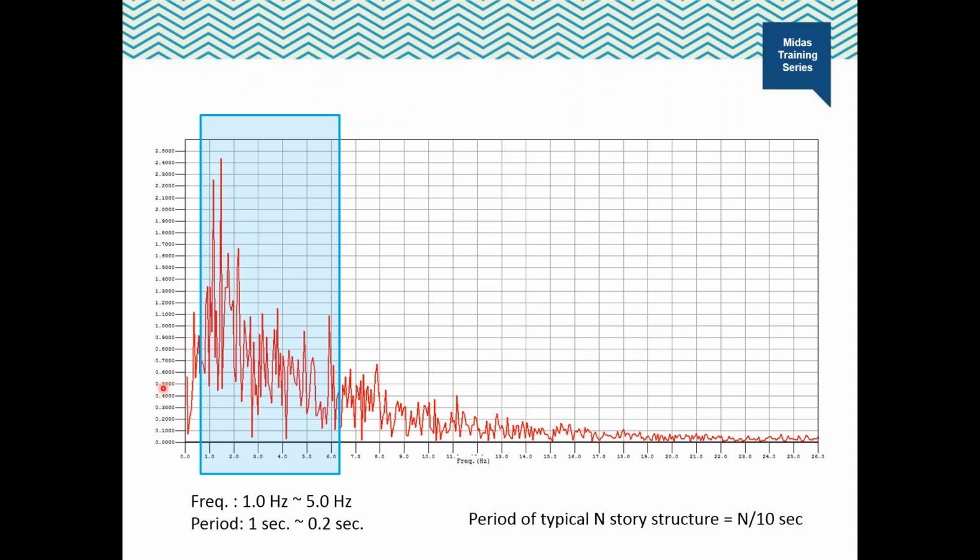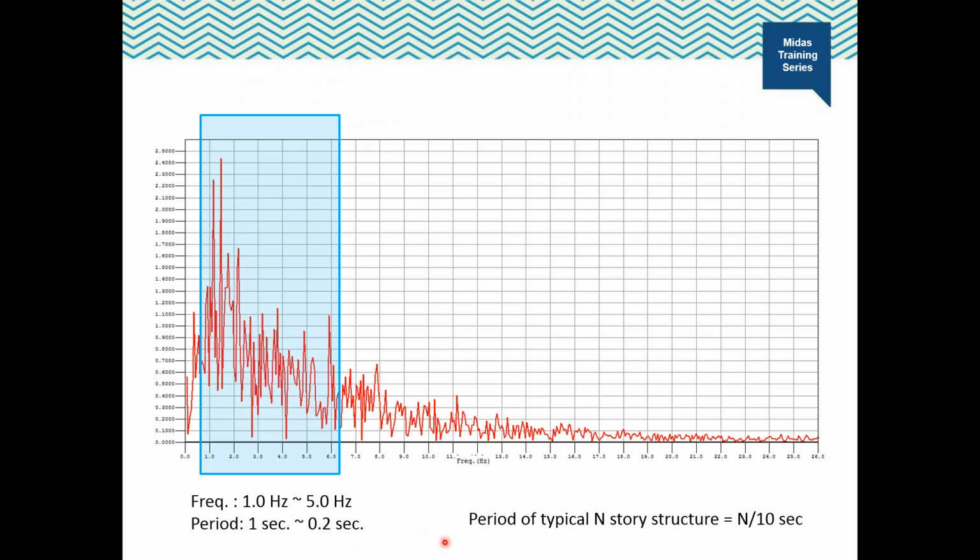Now, we can see from this frequency spectrum that the ground motion is made up of many frequencies, rather than a single frequency. Among them, the frequencies in the range between 1 Hz and 5 Hz have larger amplitudes. This means that the structures whose fundamental periods are 0.2 seconds to 1 second will be most damaged due to this earthquake.